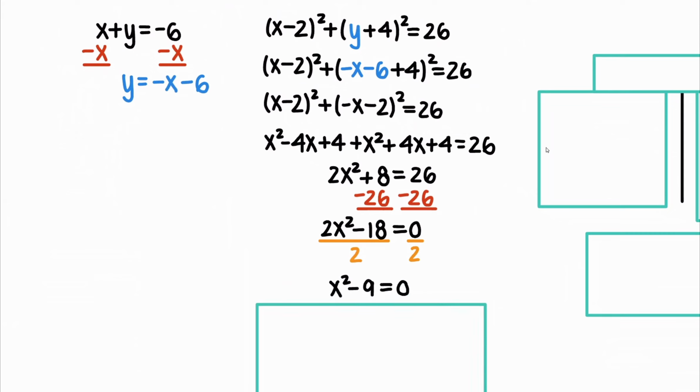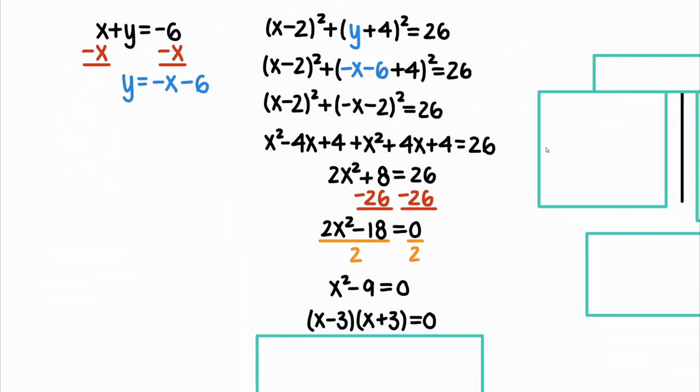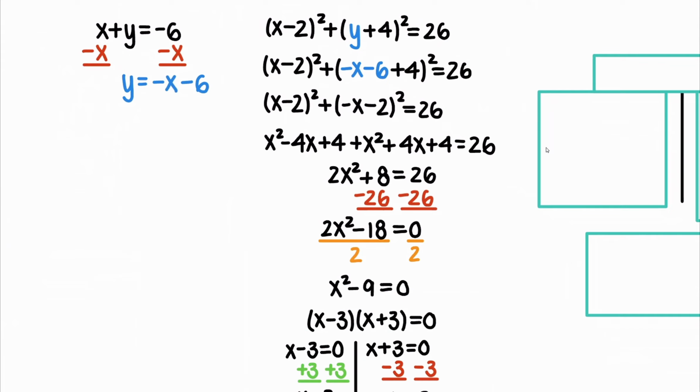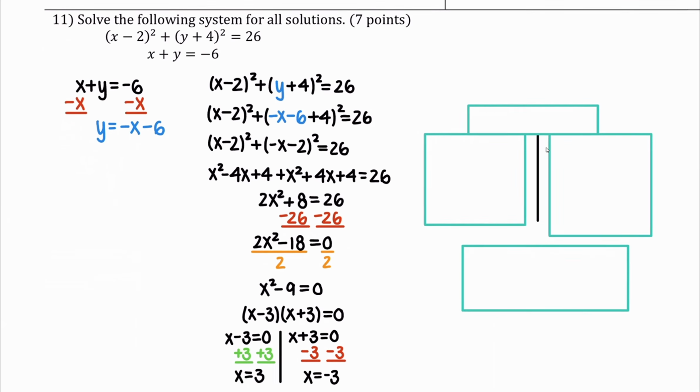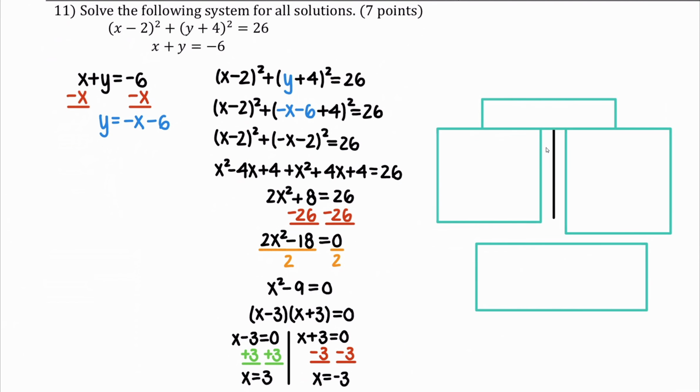Thus gives us x squared minus 9 equals 0. And then you can either add 9 on both sides and then take the square root, or you can factor it as a difference of two squares, which gives us our two solutions of x equals positive 3 and negative 3. But once again, we have to find all solutions, and it's a system, so it has to be coordinates.